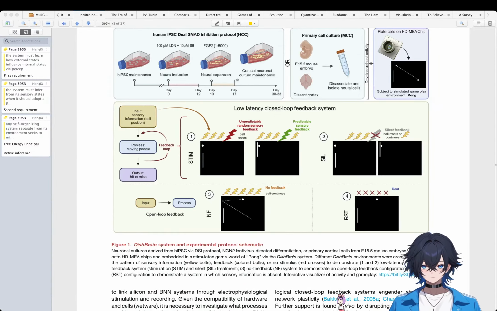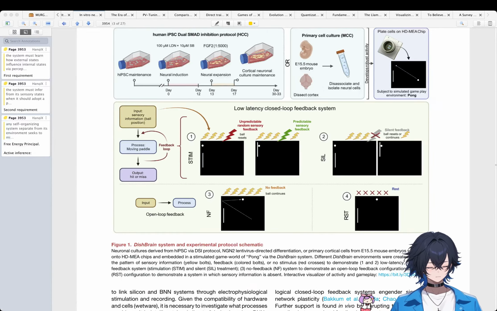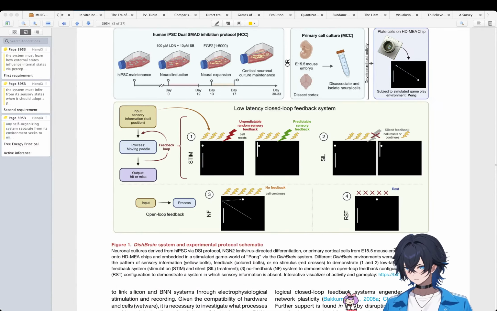Hit or miss. Okay. Process. Okay, so the process is like the output of the neurons, and the input is some electrical stimulus, I'm guessing. It could be anything, any electrical stimulus, as long as it reflects the position of the ball. Right, XY coordinates would be fine, I guess.